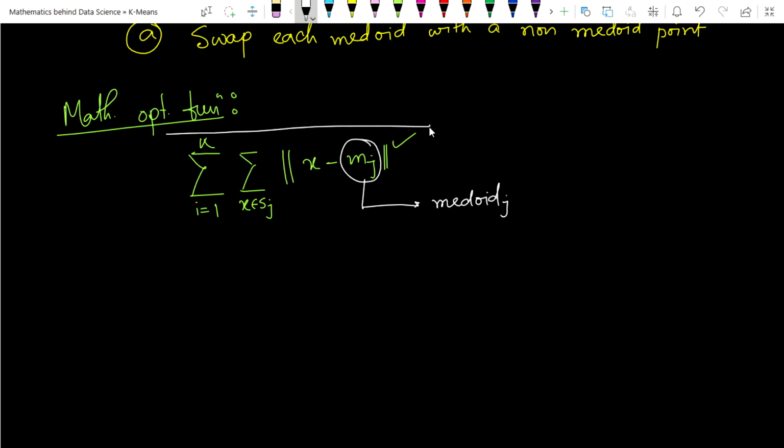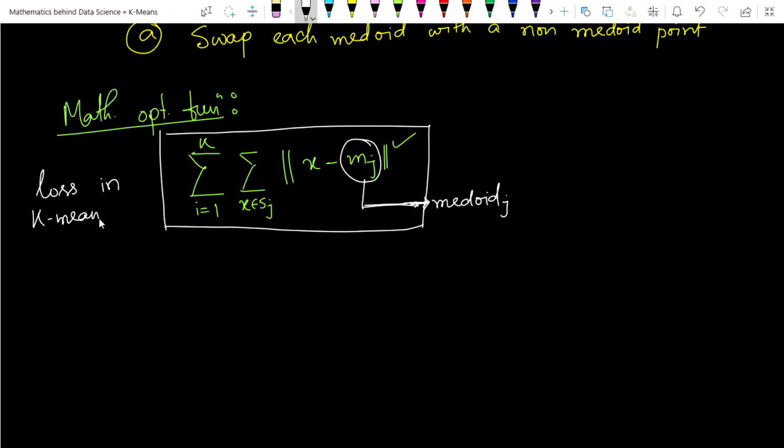This is actually the loss in K-means. We have seen these things.